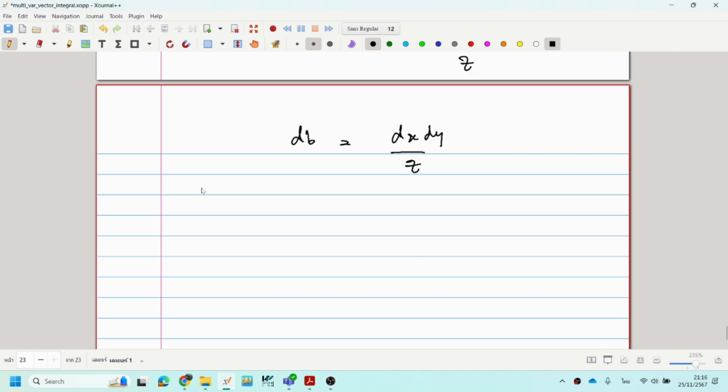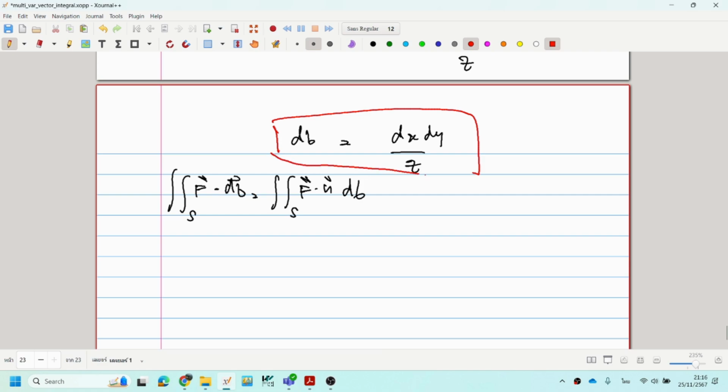The solution is the integral of F dot d sigma, right? Another way you can solve the surface integral is F dot n d sigma, and by now you have the d sigma already.